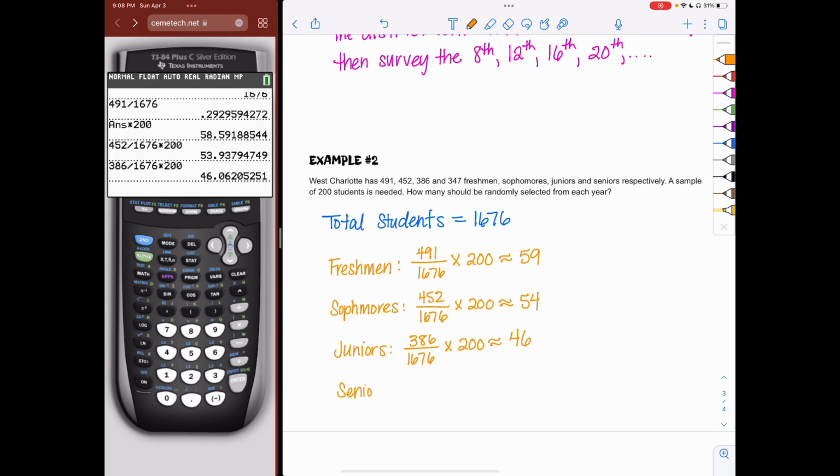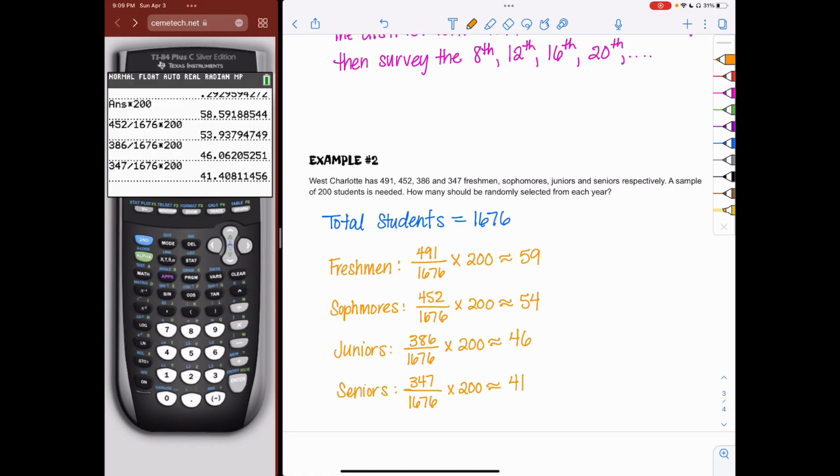And then last but not least, seniors, we have 347 over 1676 times 200, and that is going to be approximately 41 students.